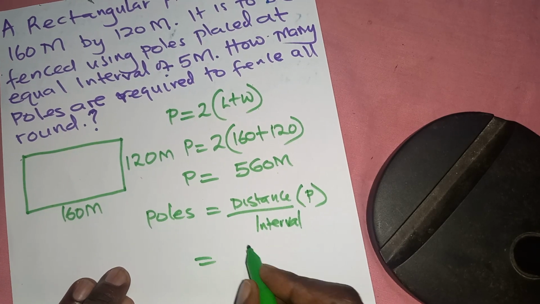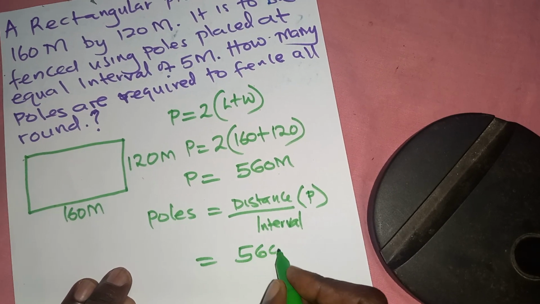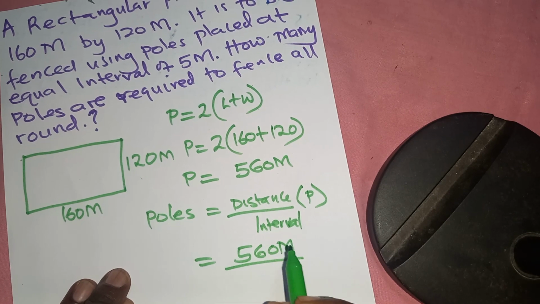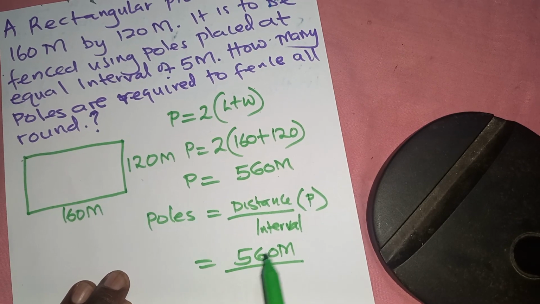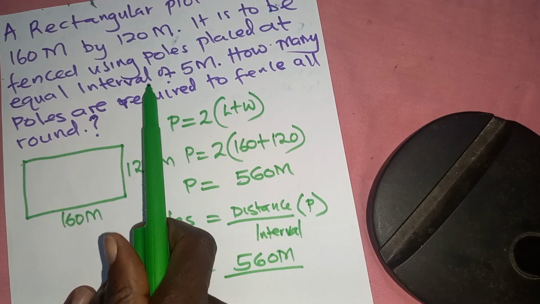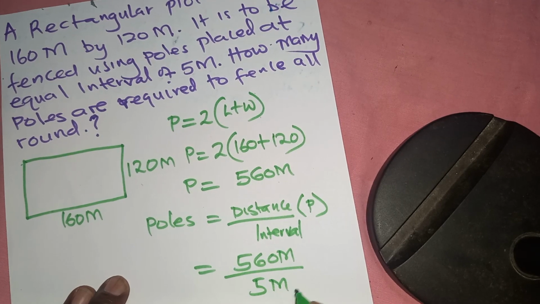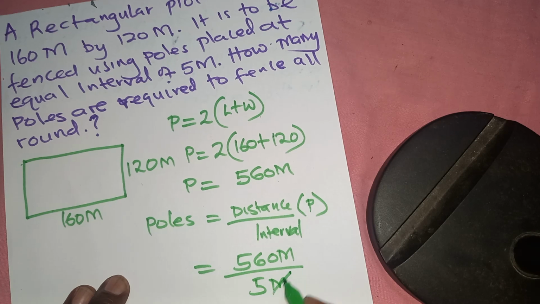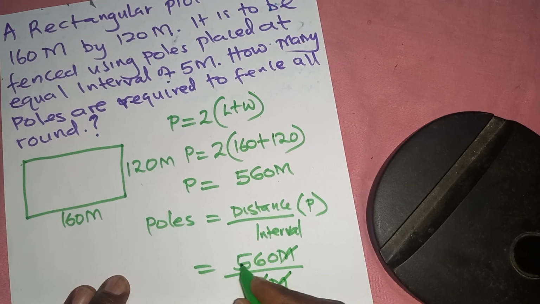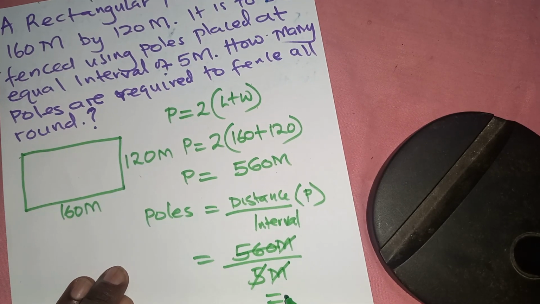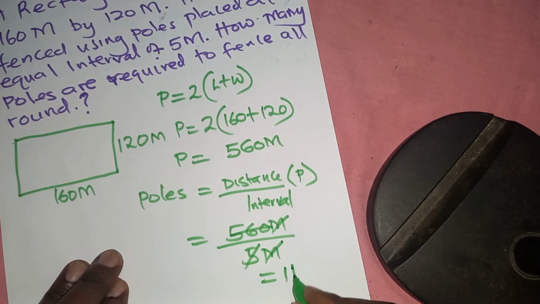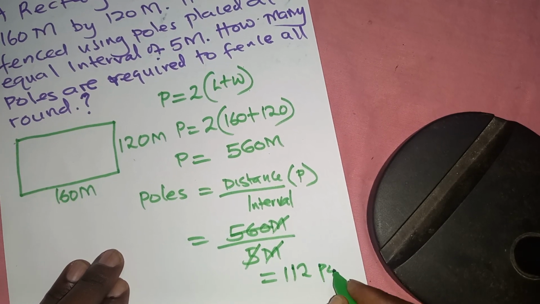So you are going to say 560 meters divided by the interval. The interval is the space between the posts, which is 5 meters. So you divide by 5 meters. The meter will cancel the other meter, and this one will give you 112 posts.